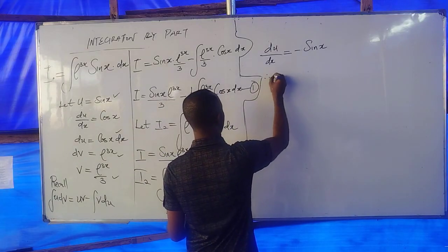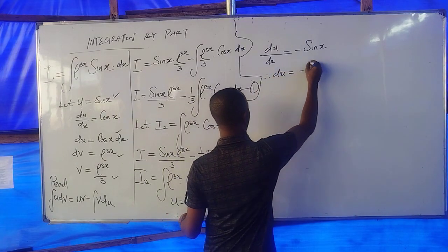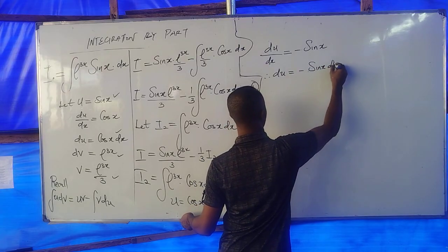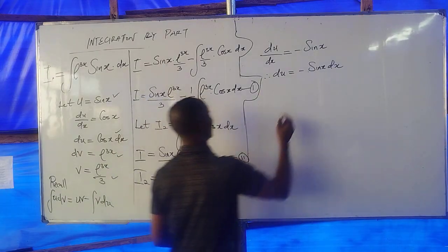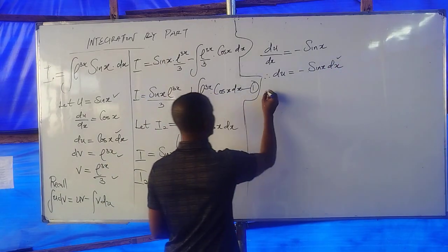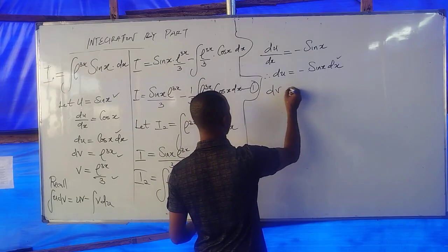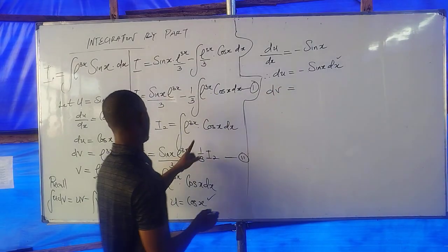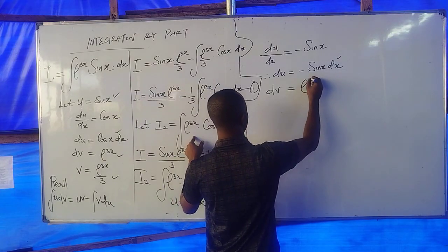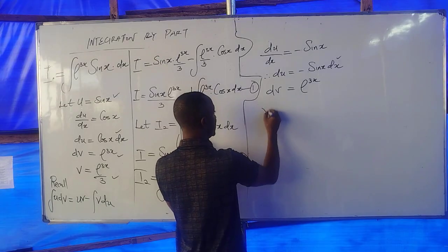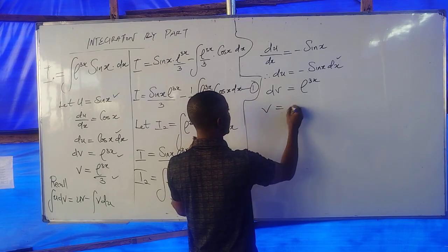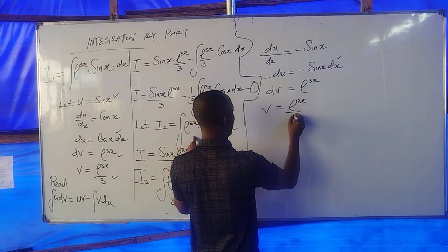That implies that our du is equal to minus sine x dx. Now we have our u, we have our du. Let's find our dv. What's our dv? Exponential 3x. If I'm to integrate this, what do we have? v. What's that v? Exponential 3x over 3.